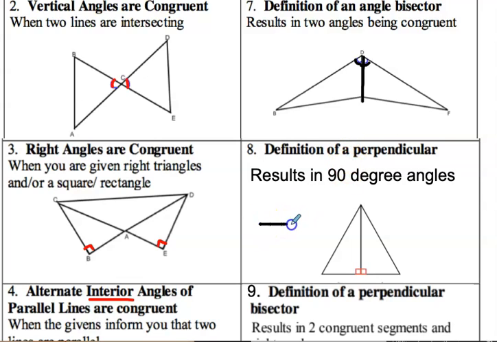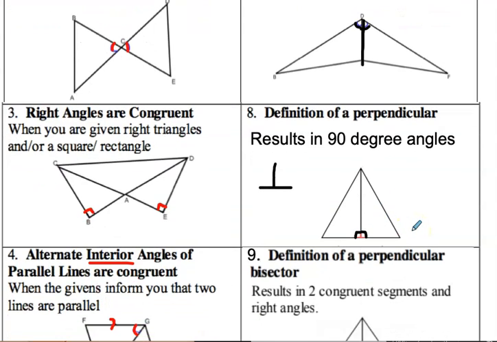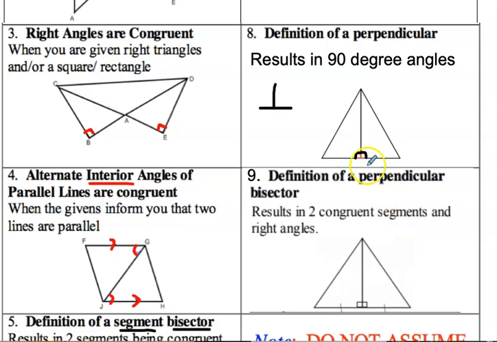Definition of perpendicular. Remember, perpendicular is an upside down T mark, and that is going to result in 90-degree angles. So if you know something is perpendicular, you're allowed to make those 90-degree angle marks. And then if something says it is a perpendicular and a bisector, you're allowed to make the 90-degree angle marks as well as the bisector.